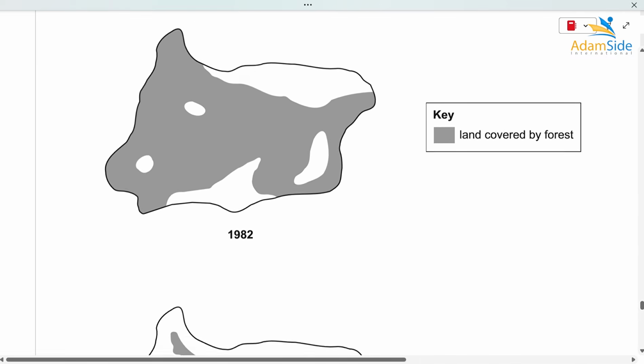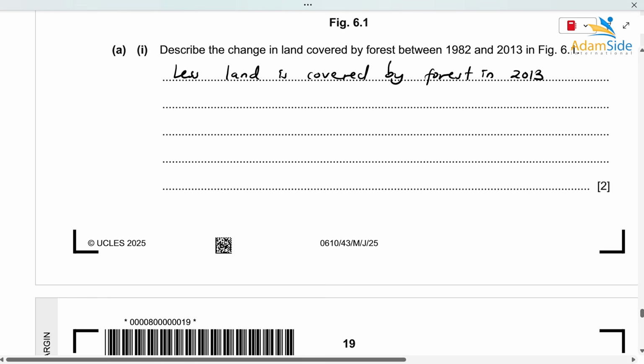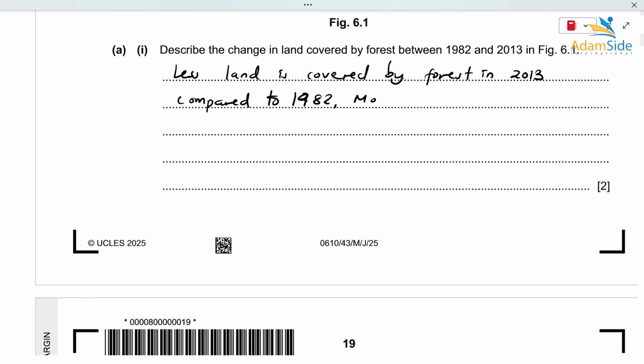So we'll say here, less land is covered by forest in 2013 compared to 1982. Most of the forest is fragmented. It's just some pieces. It has been broken.